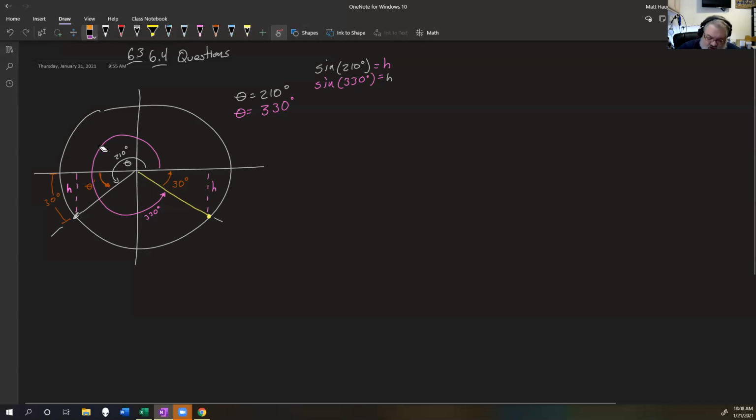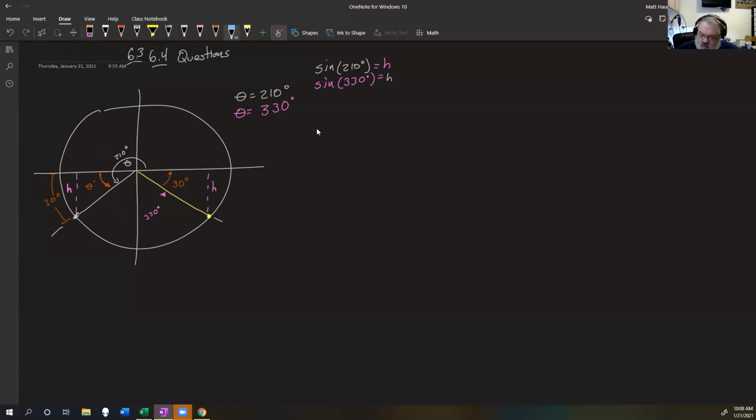The problem then goes on to ask, okay, what about cosine? What's an angle where the cosine of that angle is the same as the cosine of our 210 degrees? Well, we know cosine is physically represented by that horizontal displacement.